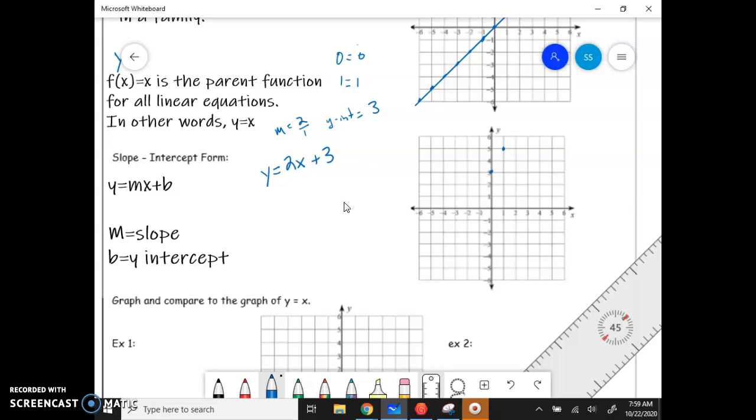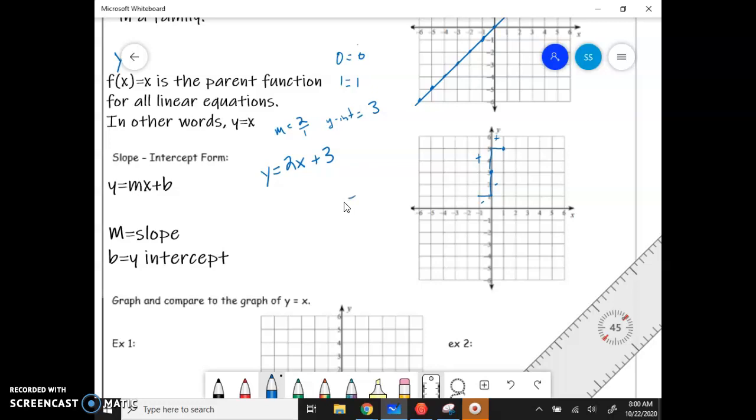So that's positive 2, right? Up is positive. To the right is positive. We know if we have a positive number divided by a positive, we get a positive answer. But also, if we go down 2, which would be negative, and then we go back 1, that's negative as well.